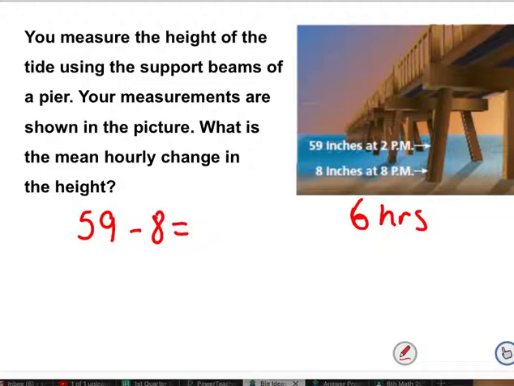And what do you get when you do the subtraction? 51. So what was the mean hourly change? I'm going to divide that by what? 6 hours. It's not a negative.